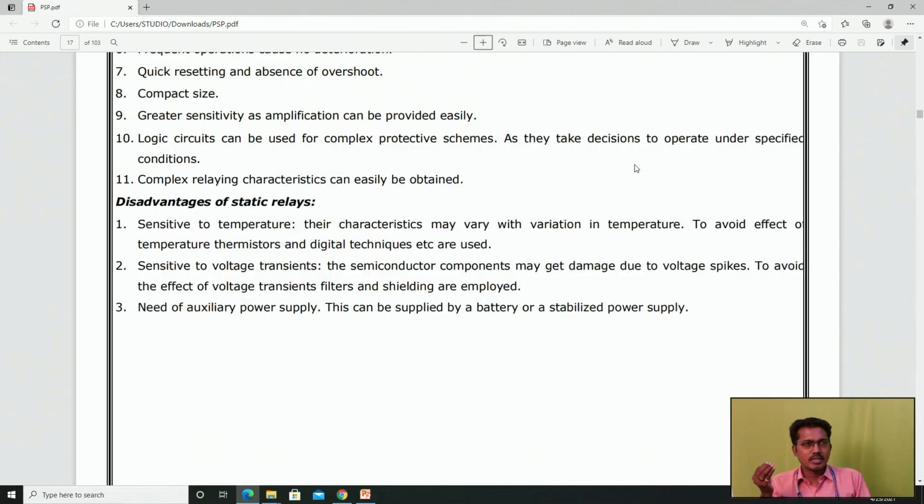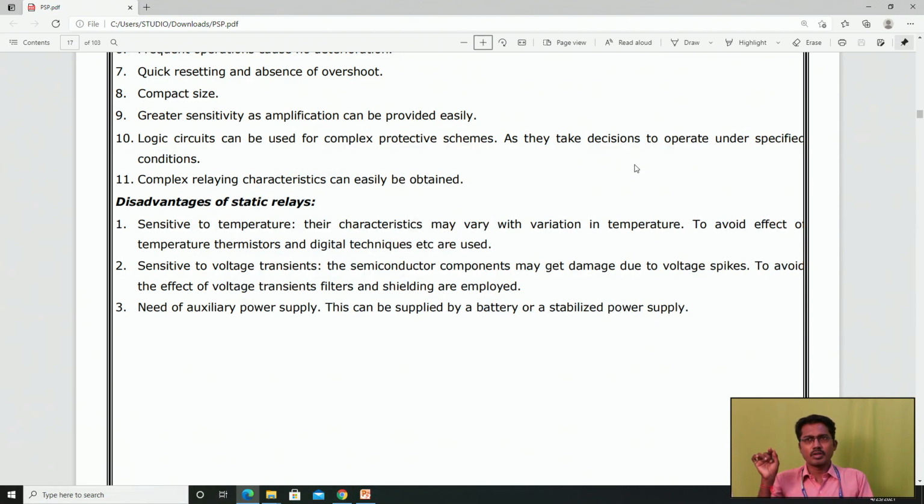A voltage transient is an abnormal condition that happens for a few seconds. For those few seconds the electromagnetic relay will not take it into account, but the static relay will not be like that. If any voltage transient occurs within a minimum time interval, the relay will be sensitive to it, so it may operate.